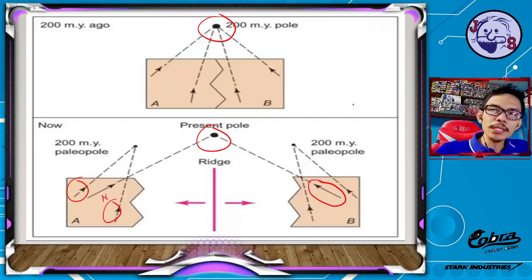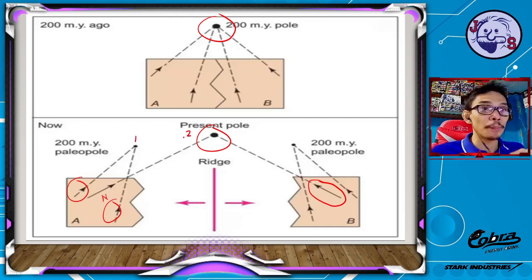In this case, we now have two North Poles on the western side, and also two North Poles on the eastern side.